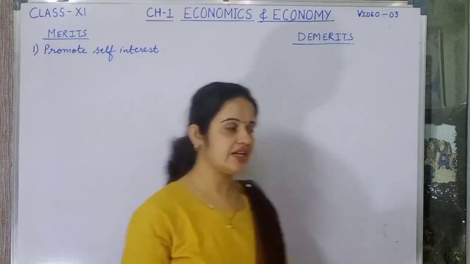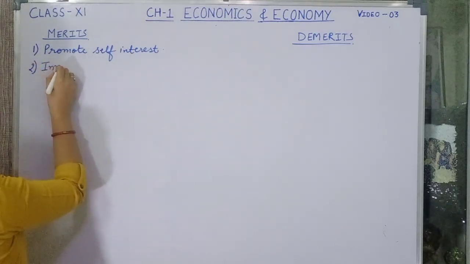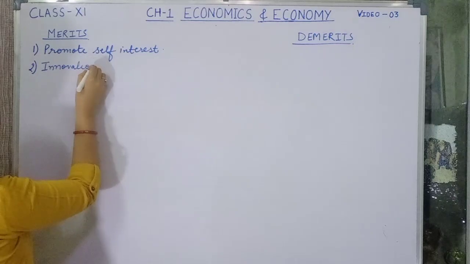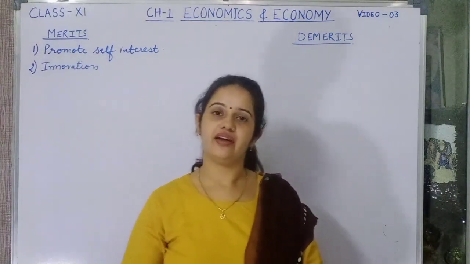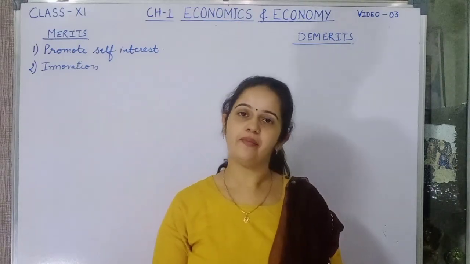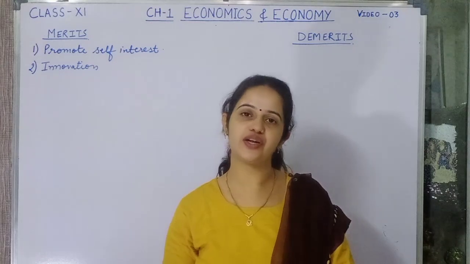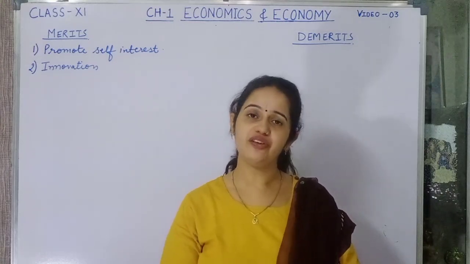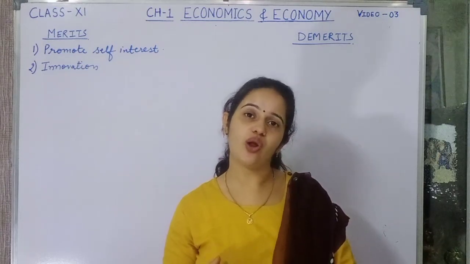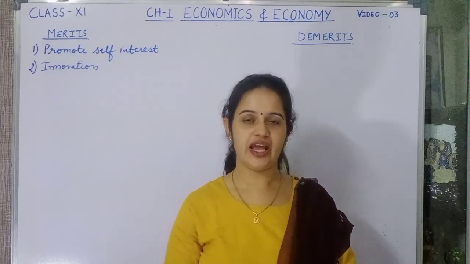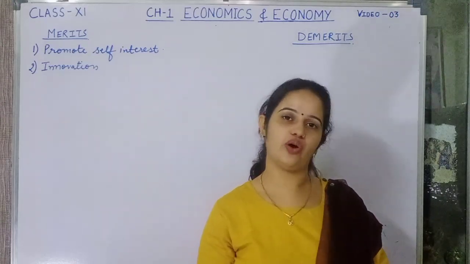Second merit is innovation. We have already discussed that in capitalist economy, management and control are in the hands of private individuals. Therefore, in order to maximize profit, private sectors always bring new innovations, and therefore innovation is encouraged in the economy.